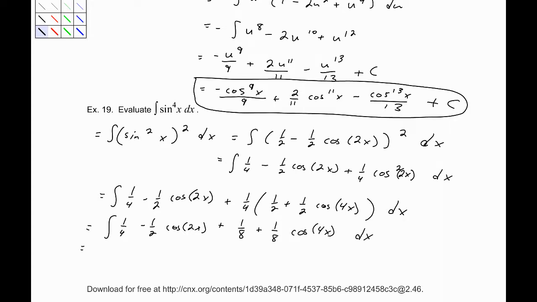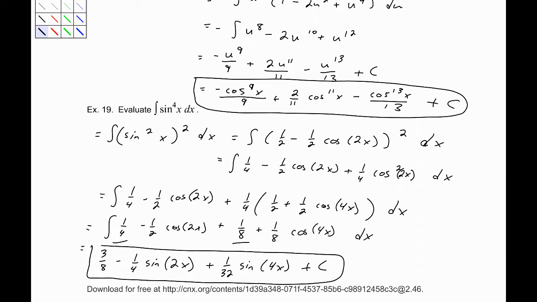Alright, so we'll actually combine these two together. That is going to be 3/8. Okay, minus 1/4 sine 2x, plus 1/32 sine 4x plus c.